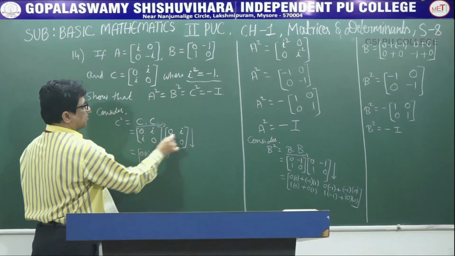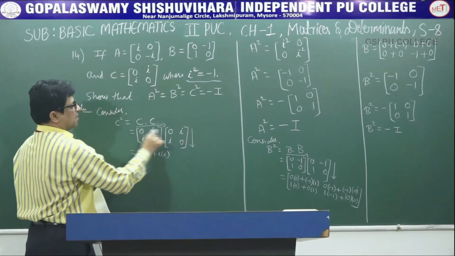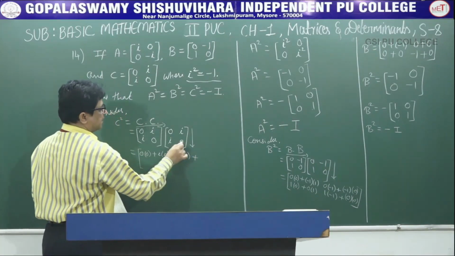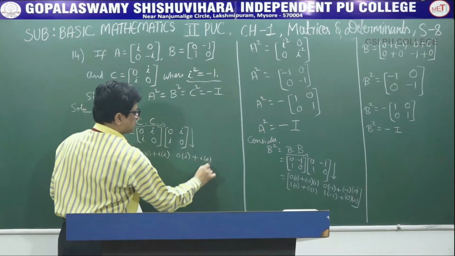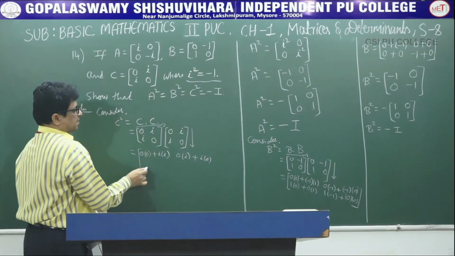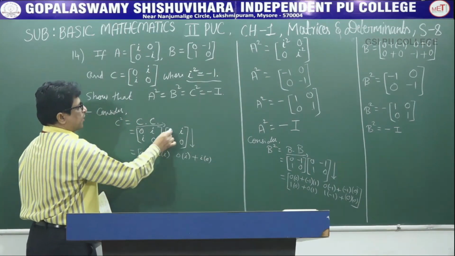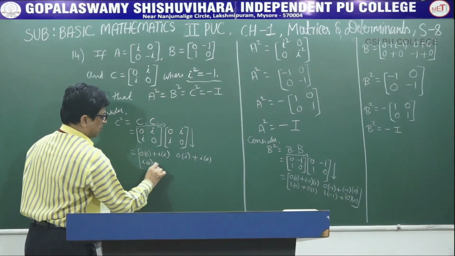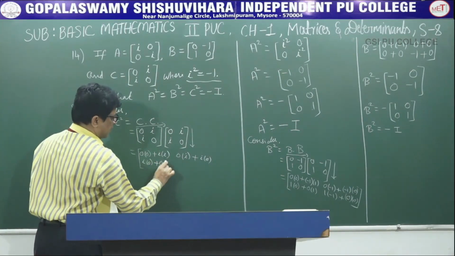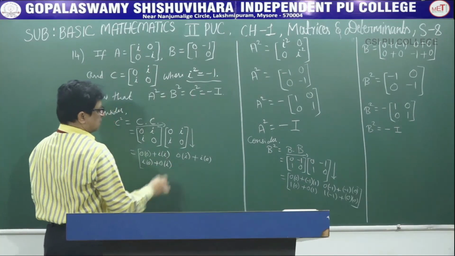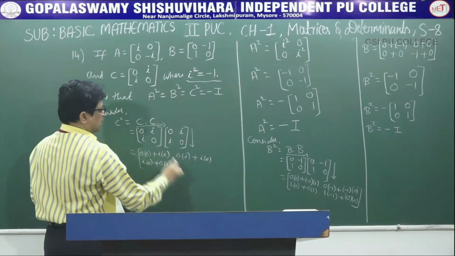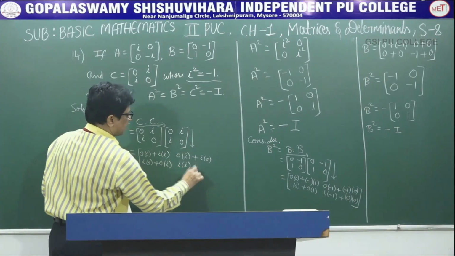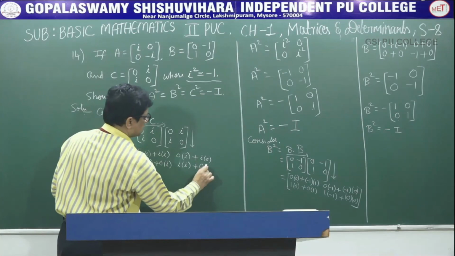Next, first row into second column, 0 into i plus i into 0. Next row is second row into first column, i into 0 plus 0 into i. So, second row into second column, i into i plus 0 into 0.